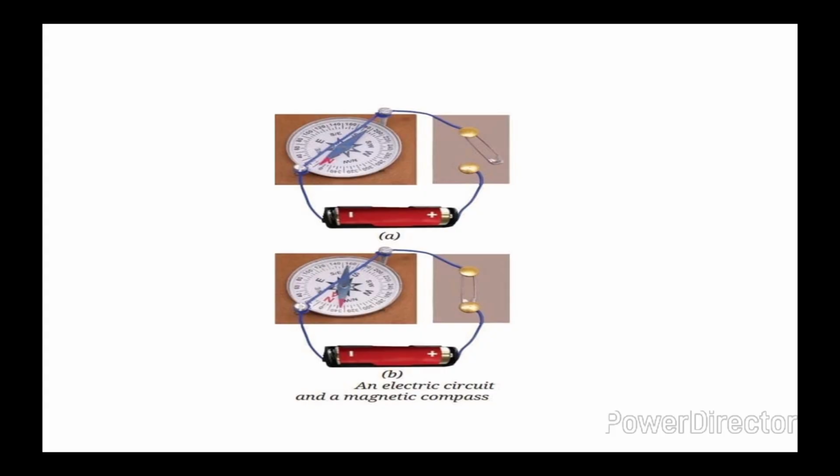The circular shape which you are seeing is the magnetic compass, and the red one is the battery or the cell. It has 2 terminals, positive and negative, and the 2 golden color items which you are seeing are the clips, and the others are the cardboards.